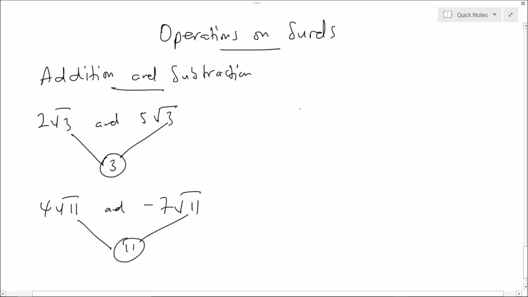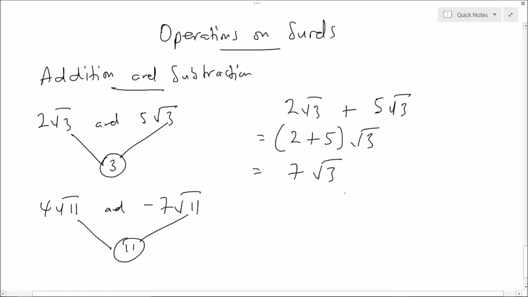So, for example, we add 2 root 3 and 5 root 3. To simplify this, we just add the coefficients. In this case, we have 2 plus 5. Then we bring our root sign, that's root 3. This gives us 7 root 3.